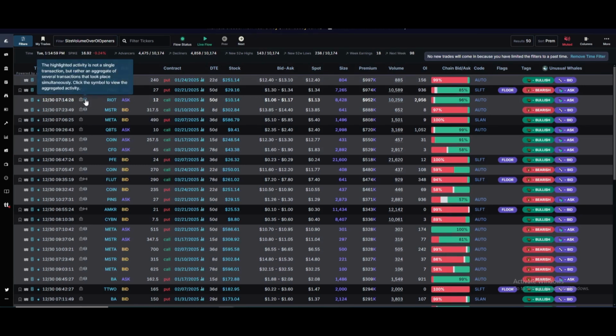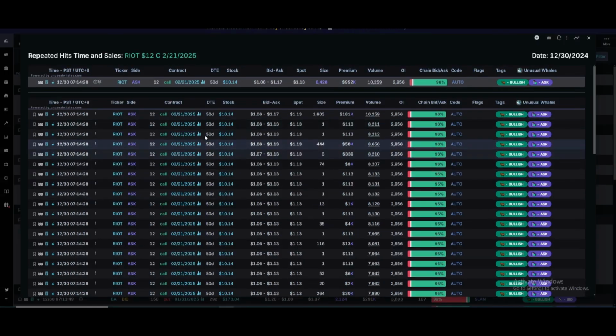If we click over here on the layer tab, we can see that all these transactions were pretty much at the ask. You can see that there's 106 on the bid, 117, and they bought at 113. So not fully all the way on the ask, but closer to the ask. So we're going to run with that one.